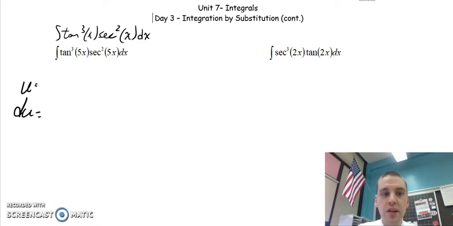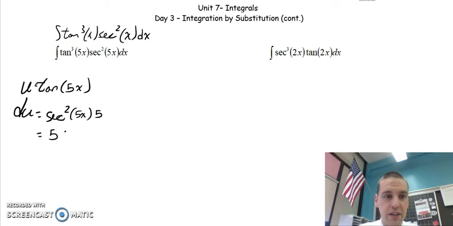Well, we look here and we say, we have a secant squared. What do we know that can give us secant squared? Or what do we know that can give us tan cubed? Or just tangent. And we can say here that the derivative of tan of 5x is secant squared 5x times the derivative of the inside, which is 5.